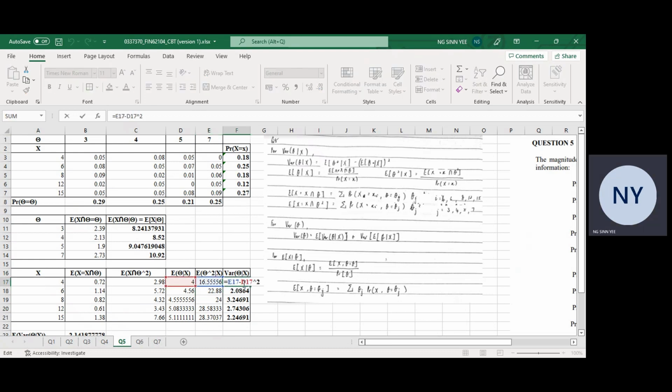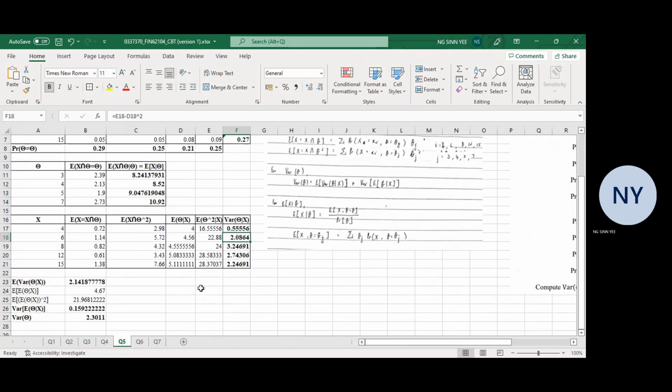So it's the same in here: we take the expected value of data square conditional on x minus the square of expected value of data conditional on x, and we will be able to get the variance of data conditional on x.